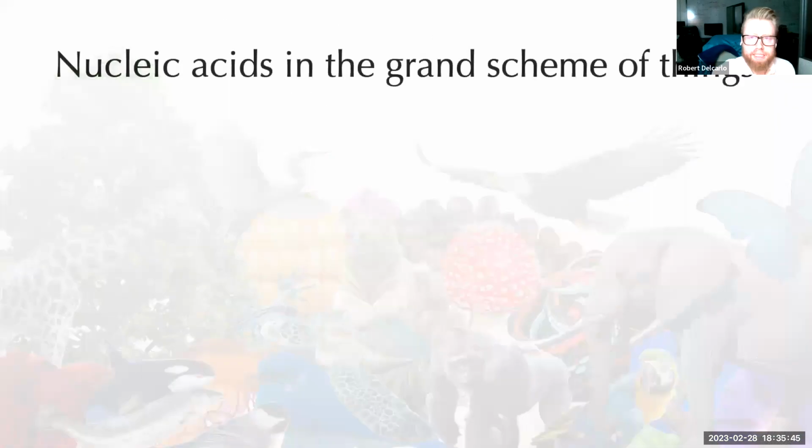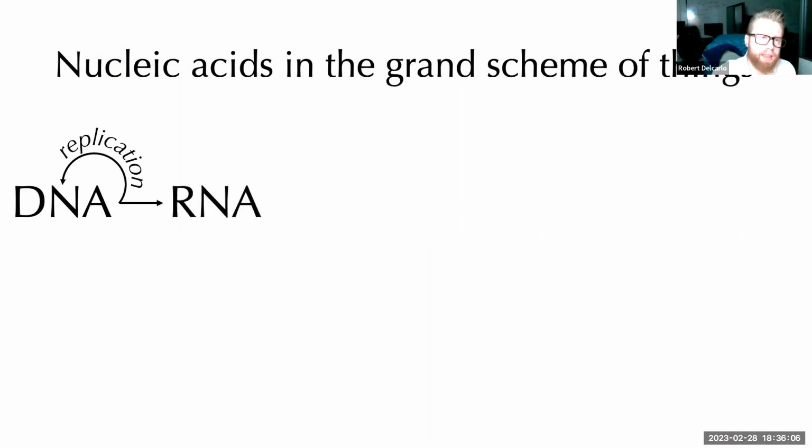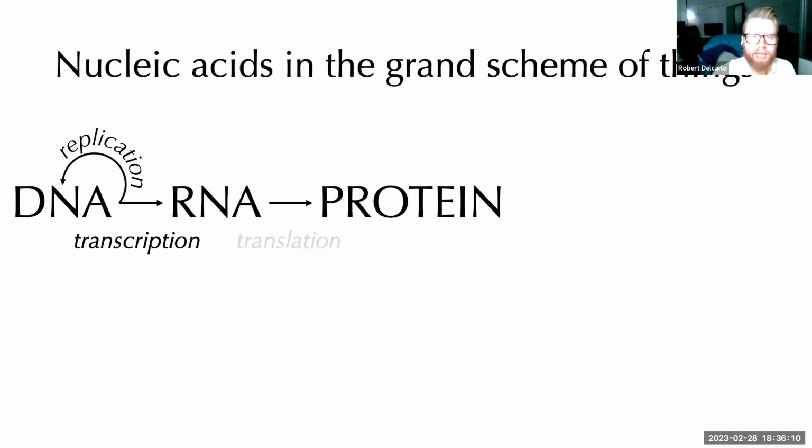So nucleic acids, in the grand scheme of things, fall into a regimen here. We've got DNA, which, as I mentioned earlier, needs to replicate itself, and this is a process we call replication. In eukaryotes, this happens in the nucleus. In prokaryotes, this happens in the cytoplasm. Then it is transcribed to RNA, and then from RNA it is translated to protein.